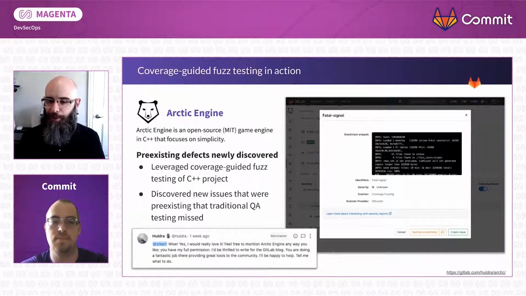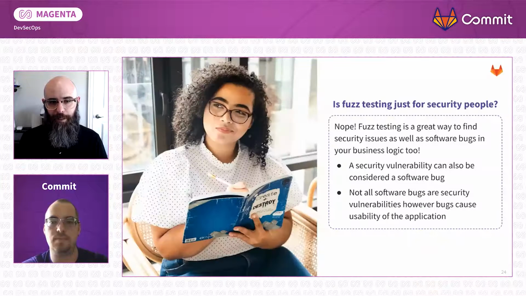That's not something a normal QA tester would do, and not a traditional security tester or security testing tool would do. But with fuzz testing, they found these types of issues with their application, and we're very excited for them that they're able to make a better solution for the open source community. And with that, I'm going to hand it back to Sam, who's going to talk about fuzz testing outside of security, as well as go through a demo.